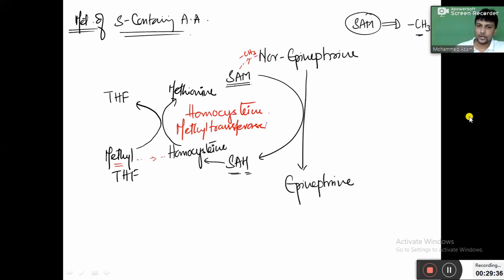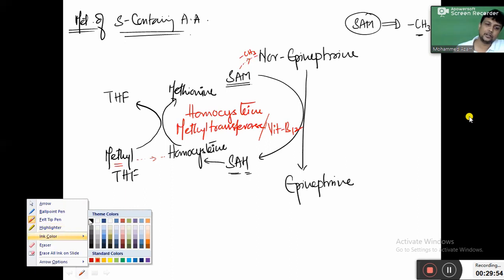And guys, this requires a coenzyme, and the coenzyme will be your vitamin B12. Here comes the hero of the story. The homocysteine methyltransferase is helping in transfer of methyl group. And what does the coenzyme require? Vitamin B12 is required there.